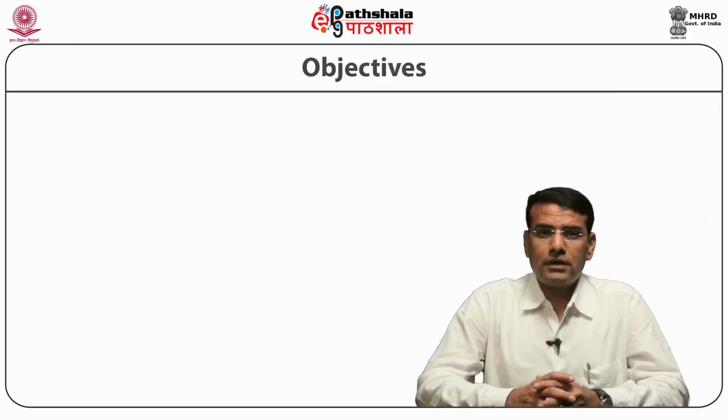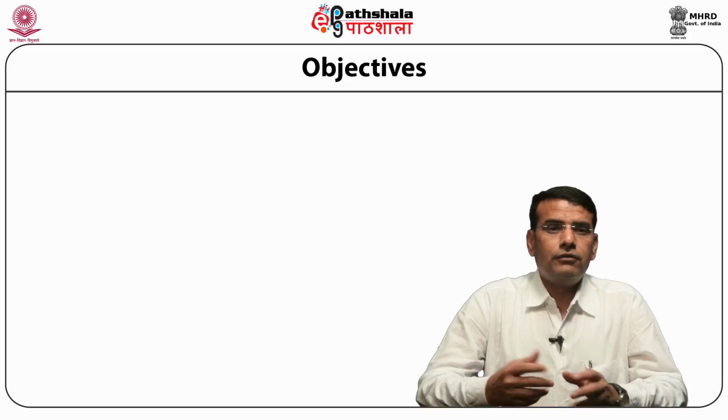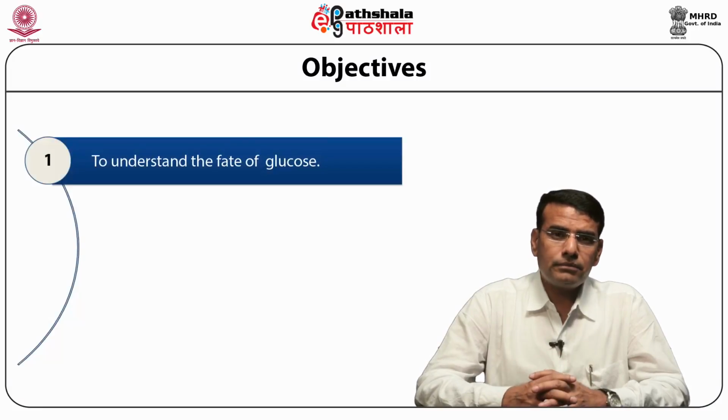Today we are going to discuss a module on the fate of glucose under the paper Carbohydrate Metabolism. Let us see what we are going to learn in this module. We will try to understand the fate of glucose under different conditions.